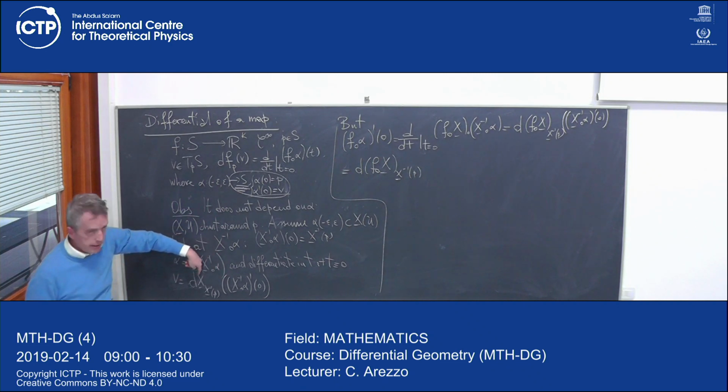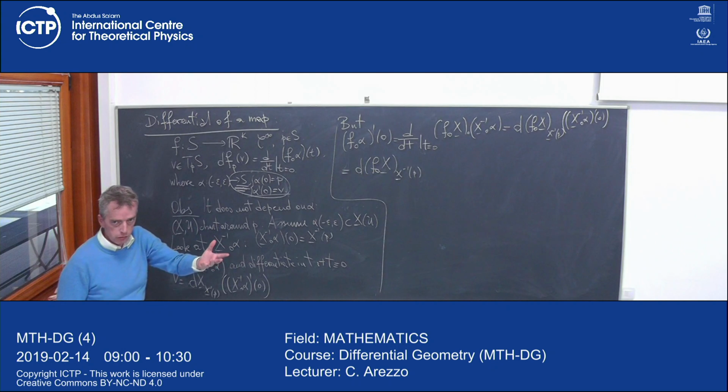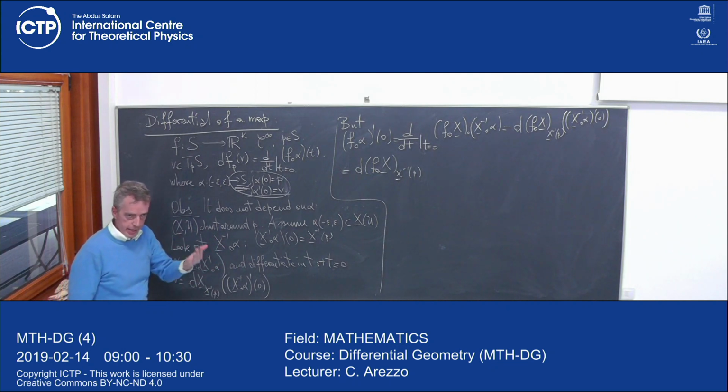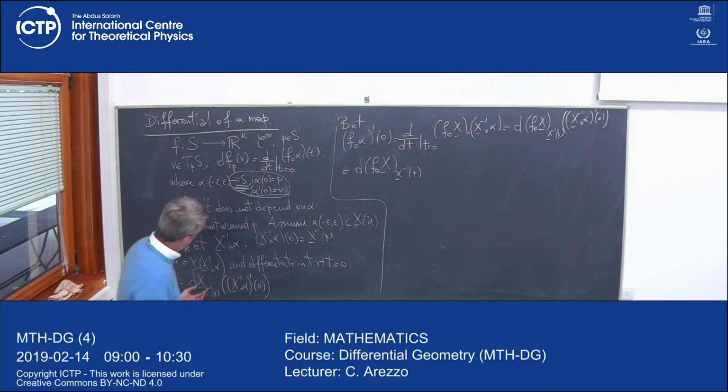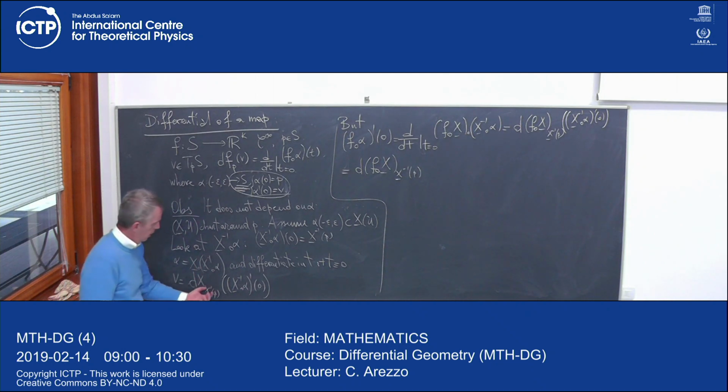Remember that dx is invertible on the image. I mean, dx is a map from R2 to R3, so strictly speaking, it is not invertible, but it's invertible on the image because we know it has rank 2. So with this caveat, I'm going to write the inverse. So I can apply the inverse to both sides, because I'm allowed to do that since I'm in the range where it exists. Okay?